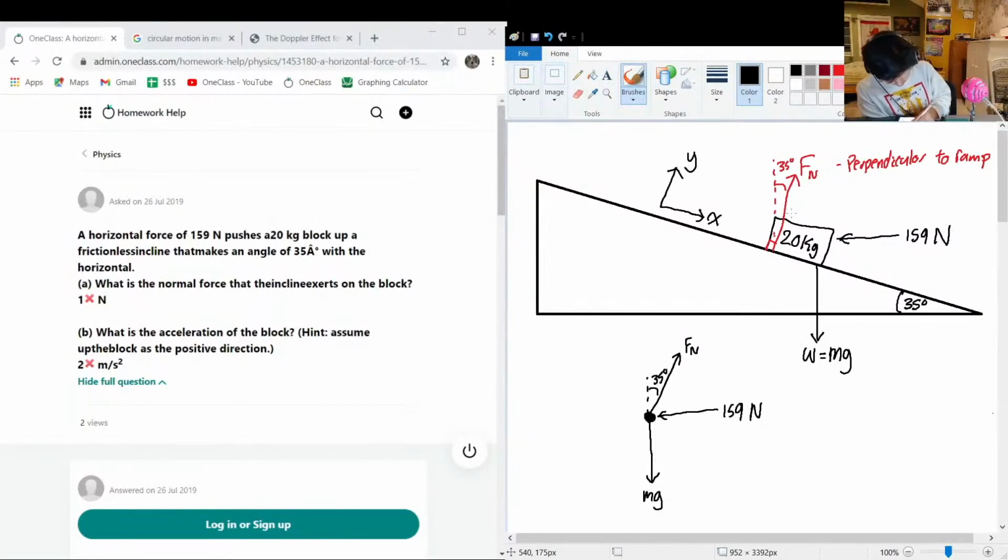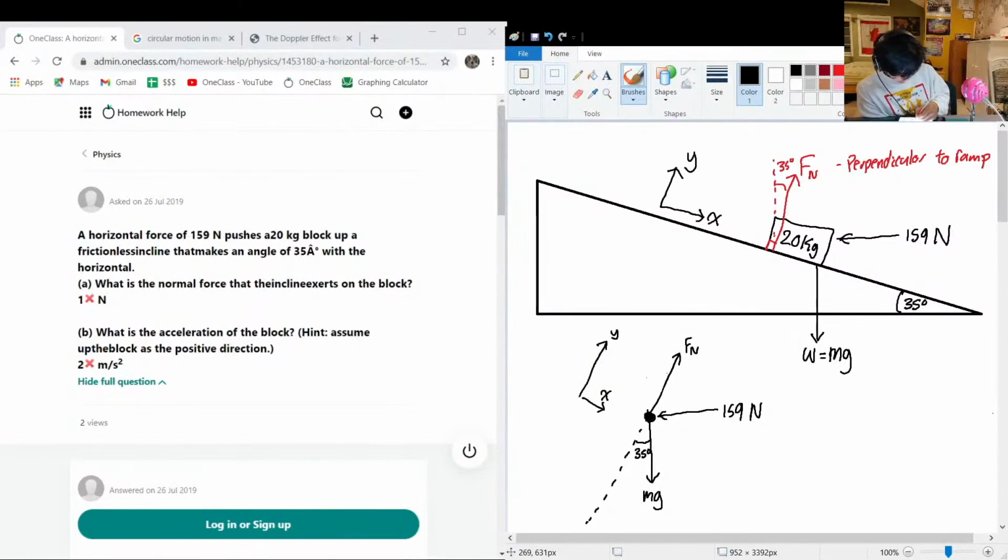So actually, I'll make some adjustments to our free body diagram. If this is our y direction, and this is our x direction, just as it appears in the diagram, we would have this situation here, and this angle here is 35 degrees.